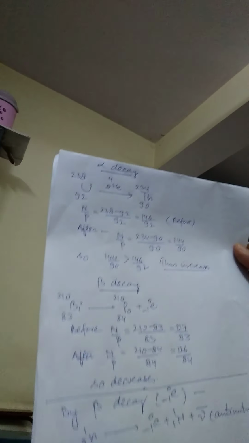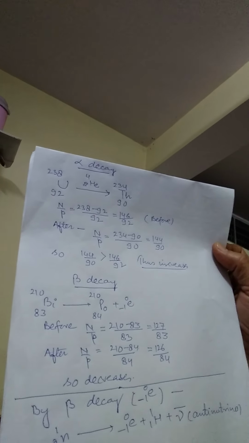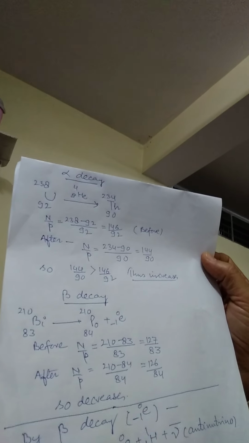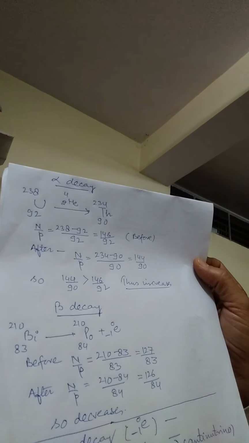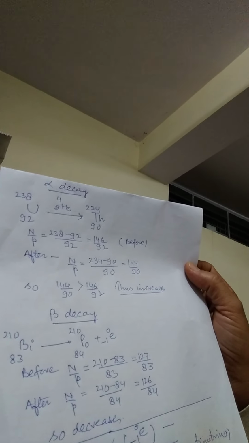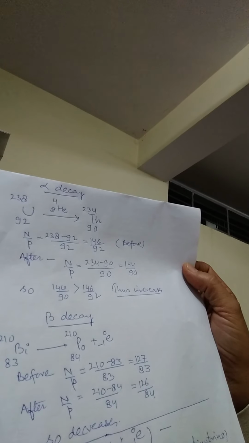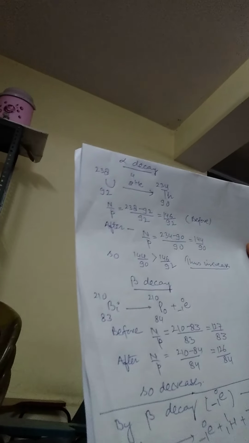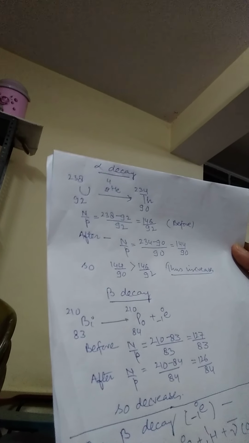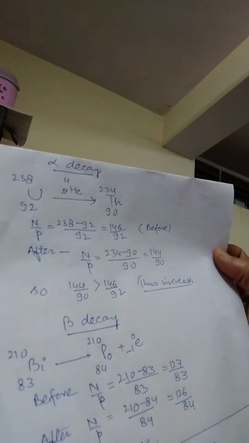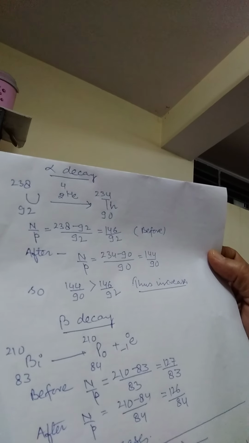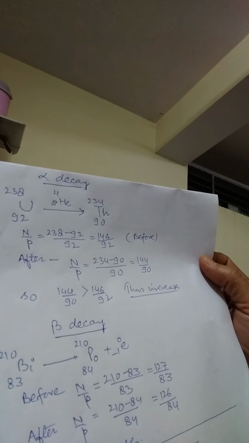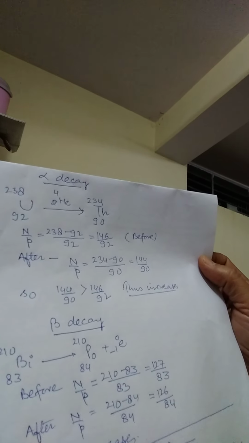Now see, first example is of decay of alpha, and from uranium thorium is made. So you calculate neutron proton ratio. Initially, in case of uranium, I have written N by P. So initially mass number 238 minus 92 and proton is 92, and similarly after decay, when we have thorium, 234 is the mass number minus 90 atomic number whole upon number of proton.